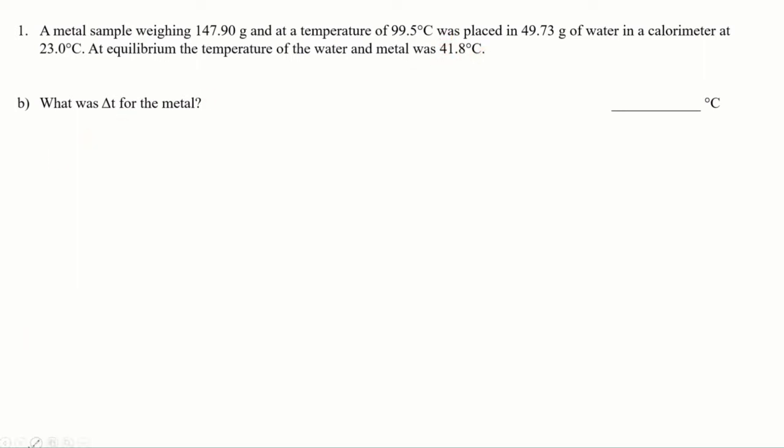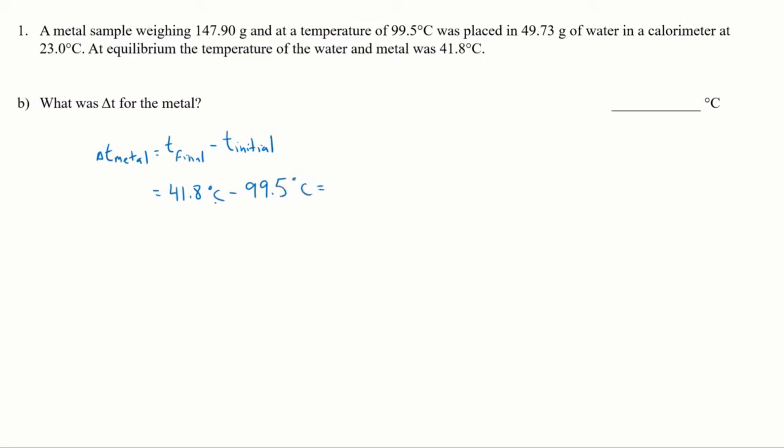Okay, so to calculate the delta T for the metal, we will say delta T, and this is going to be for the metal, will equal final temperature minus the initial temperature, which will equal final temperature is the equilibrium temperature, 41.8 degrees Celsius, minus the initial. The metal started at 99.5 degrees Celsius.